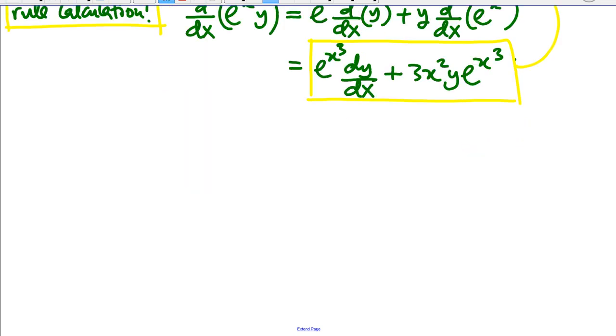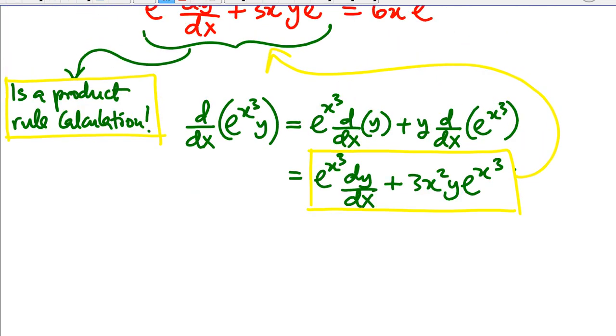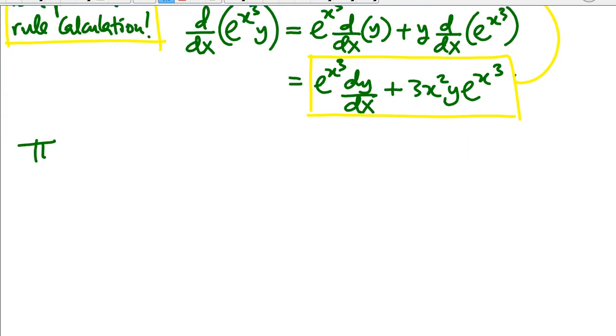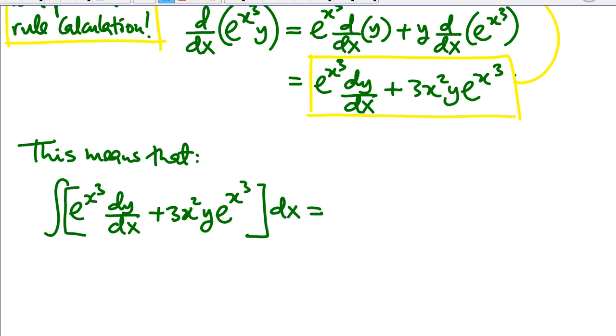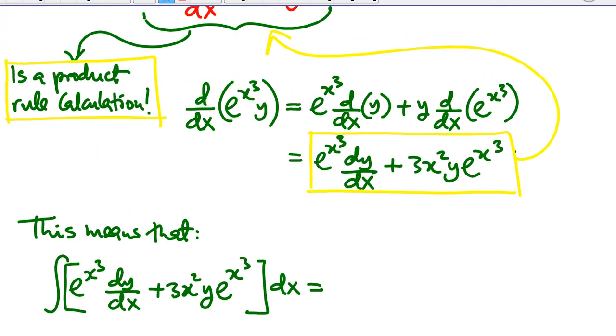So this means that the integral of e to power x cubed dy over dx, in fact let me put that in little brackets, plus 3x squared y e to power x cubed, what I have there with respect to x, will be equal to, now you reverse the product rule.